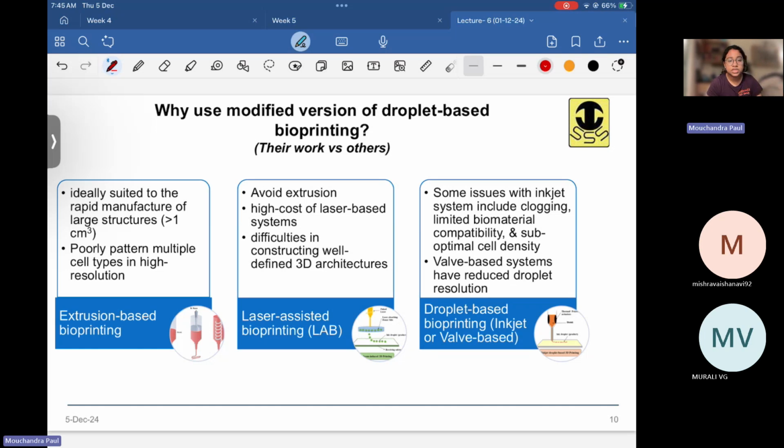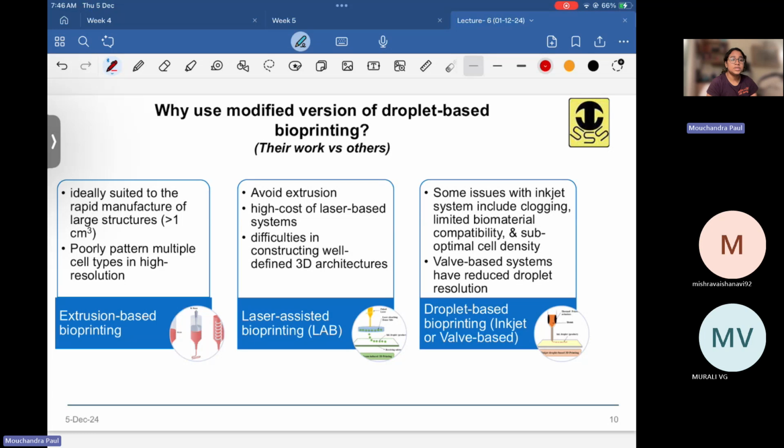So, extrusion-based bioprinting, they say that this technique is ideally suited if you want to make large constructs, much bigger in volume, like greater than 1 centimeter cube. Makes sense, right? You're using filaments, and the size of a filament is obviously bigger than droplets. So if you're using filaments, the size of the construct would be quite big.